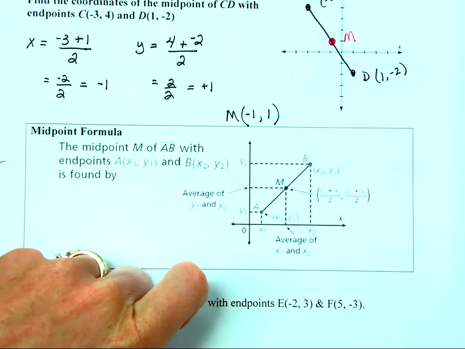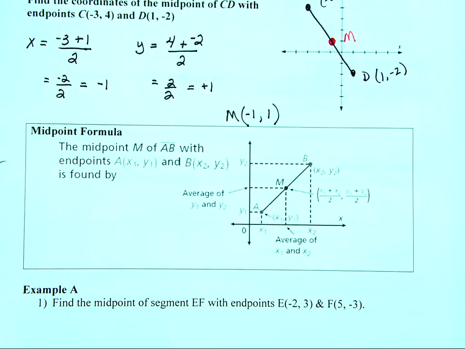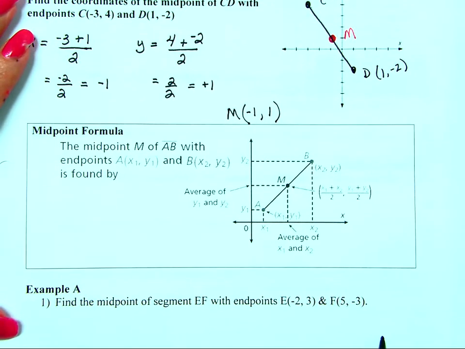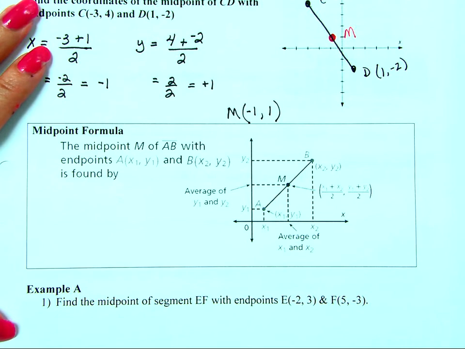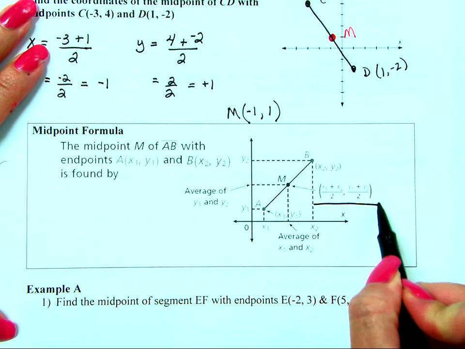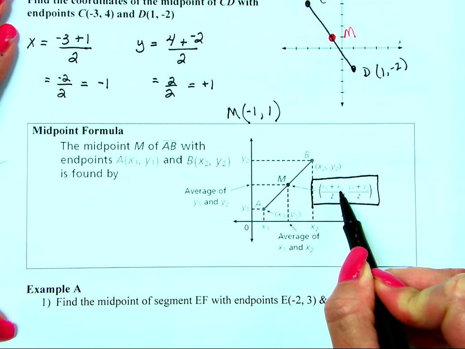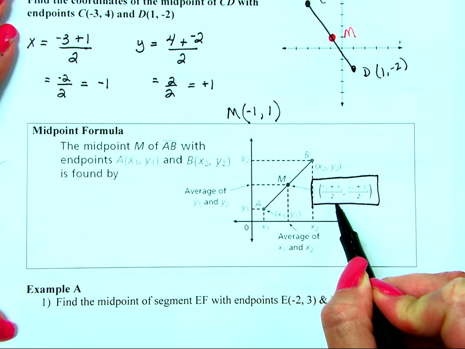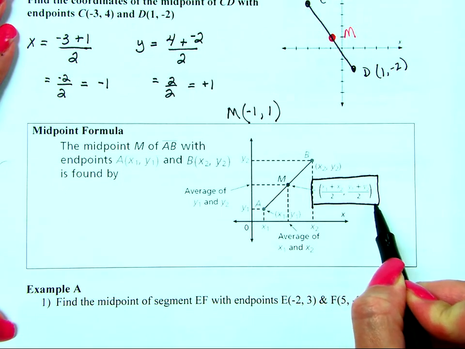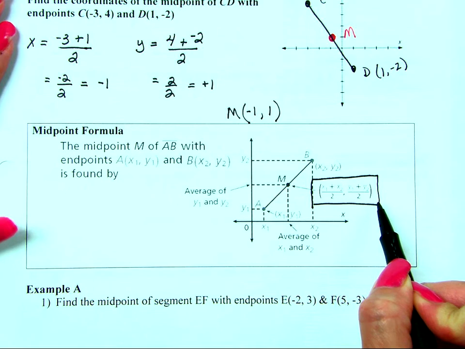I think about the 1s and the 2s as being like the first point and the second point. And you can see for the formula for midpoint denoted right here, they added the 2 x's and divided by 2, and then added the 2 y's and divided by 2.